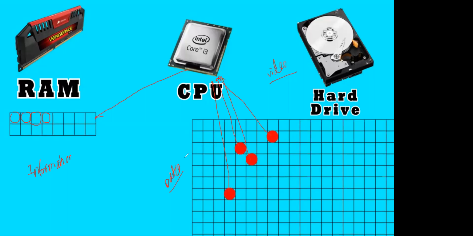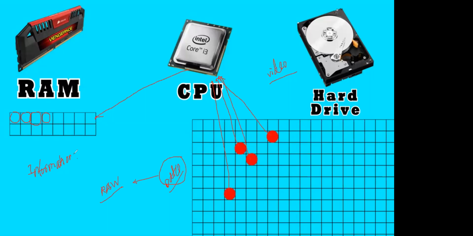So what is data? As usual, we know data is a raw material. It doesn't have a meaning. Raw.